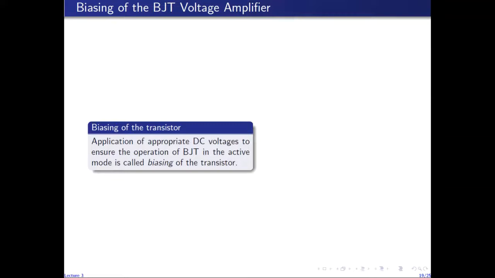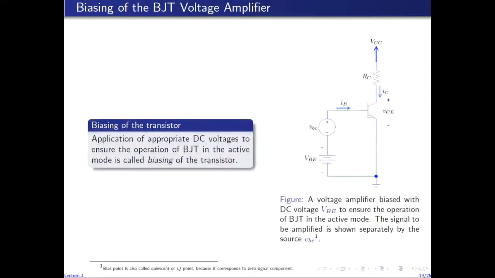And application of appropriate DC voltages to ensure the operation of the transistor in the active mode is called the biasing of the transistor, which is shown in this circuit diagram here.